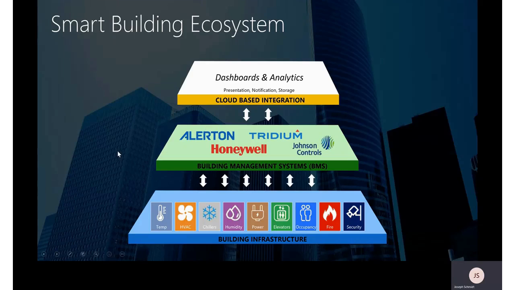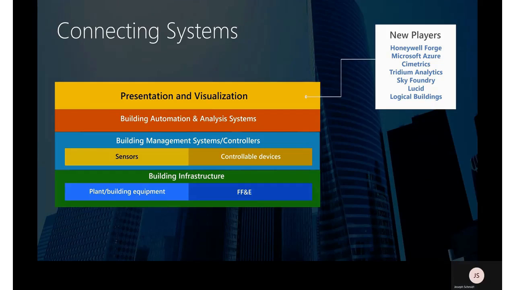Yeah, that building management level seems to be the centrist point of bringing a lot of the infrastructure systems together. And once those companies are moving into a direction of more of a software solution, and once we bring that up to that cloud-based integration piece, we see a lot of players that have not traditionally been in this industry collecting that data and having that communicate and transfer data from one software package to another.